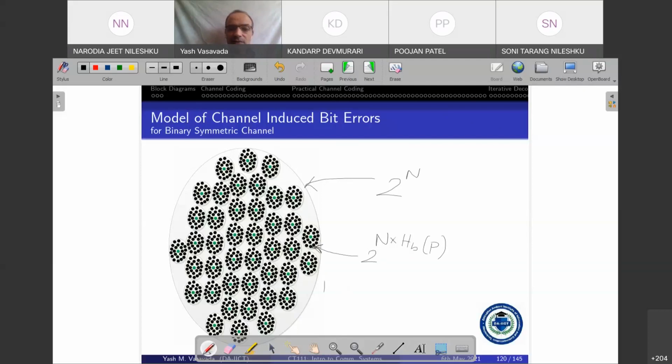And therefore, the number of green circles, the number of code words, equals 2 to the power n divided by 2 to the power n times HB of P, which is 2 to the power n times 1 minus HB of P. So this was the answer that came out through the information transfer function also.